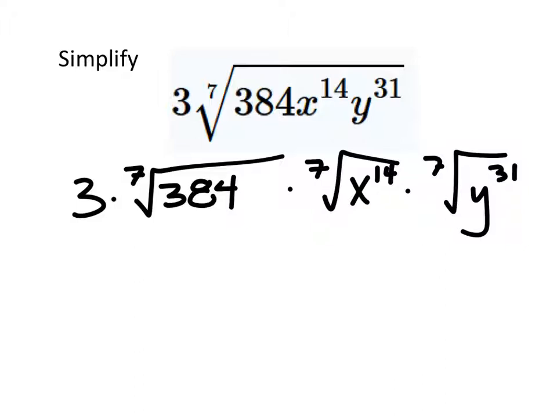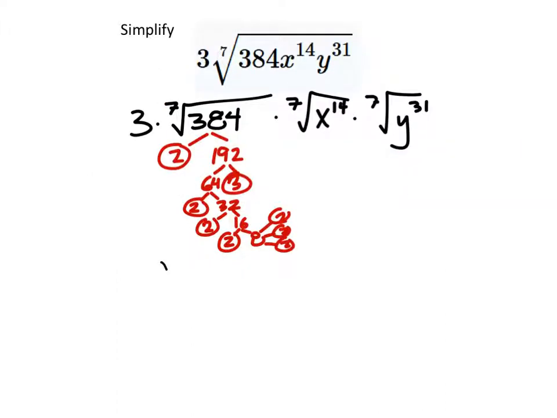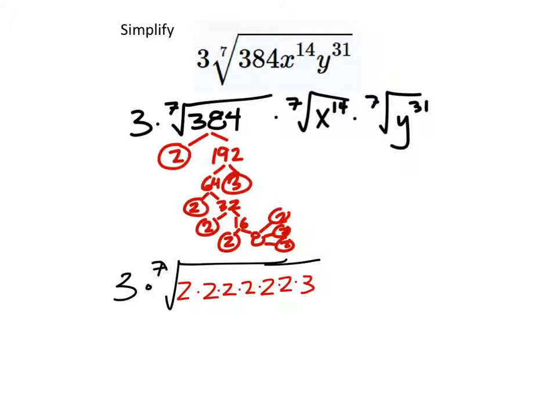One of the reasons is to split this up into smaller, hopefully simpler problems. So I'm going to take that 384 and start splitting it up into its prime factors. 192. All right. So that ends up being the 7th root of 2's, seven of them, and a 3. We'll end up multiplying this by the 3 in the front there.